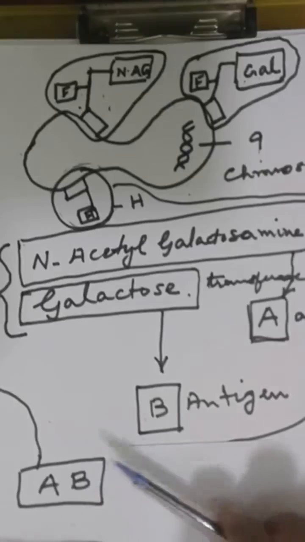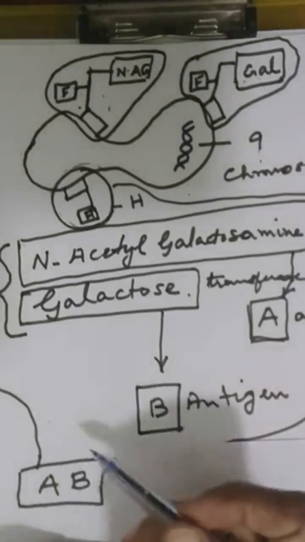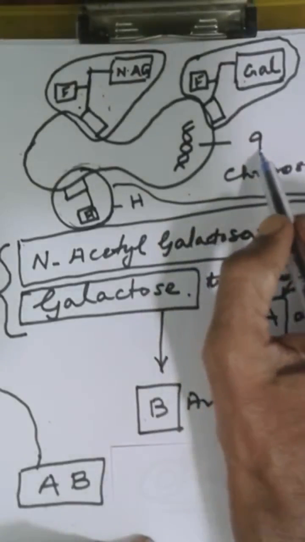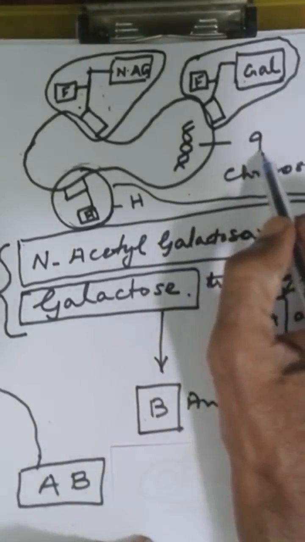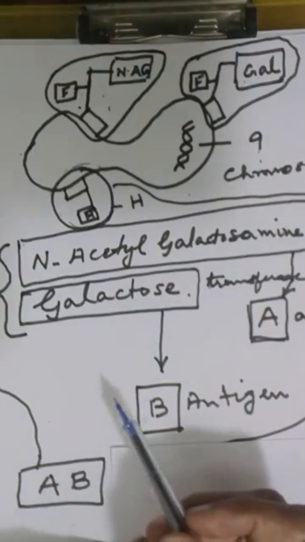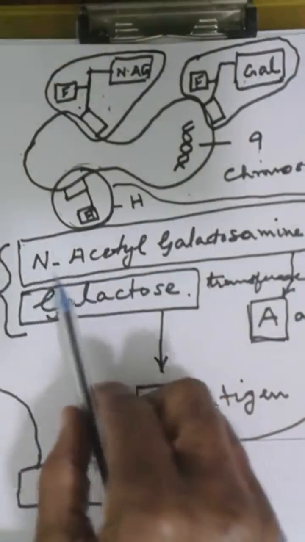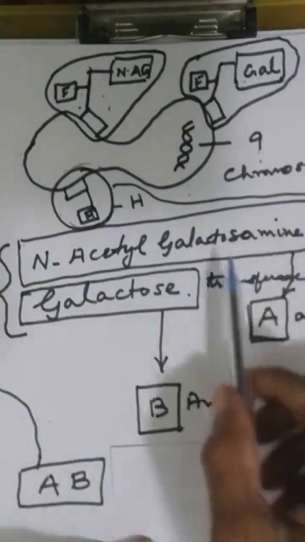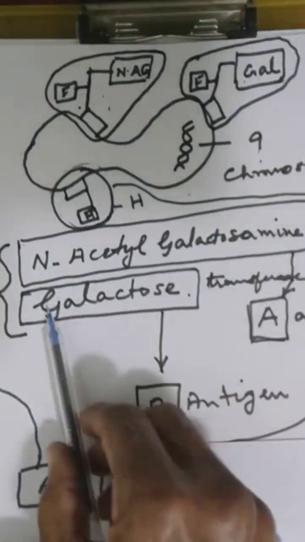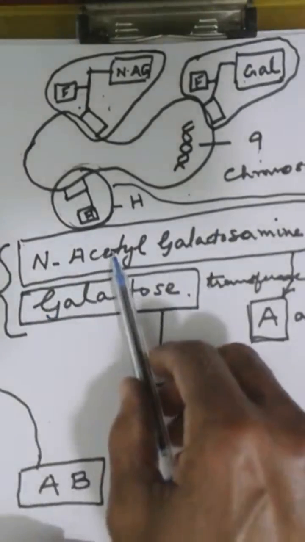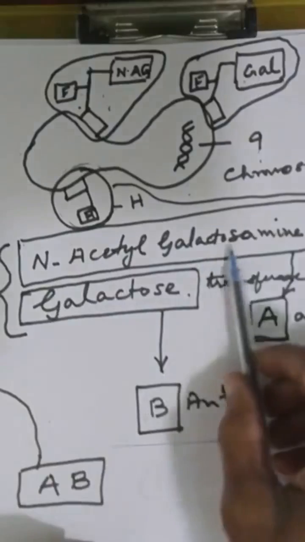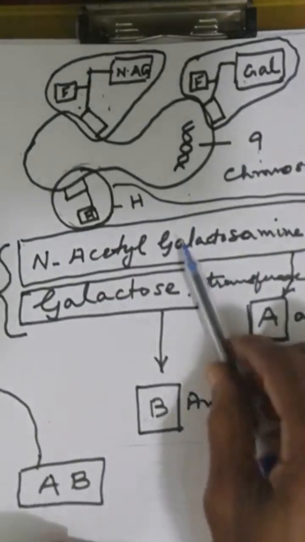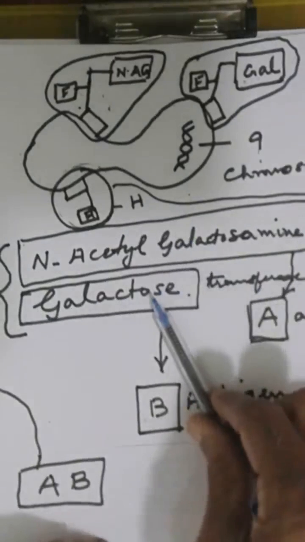Now think of another scenario where chromosome number 9 is not doing its job. That means there is no enzyme produced for NAG or no enzyme produced for galactose. Neither N-acetyl-galactosamine transferase nor galactose transferase. Both are not available.